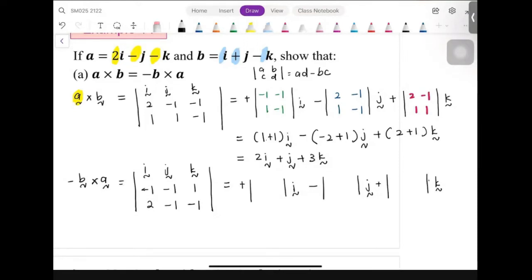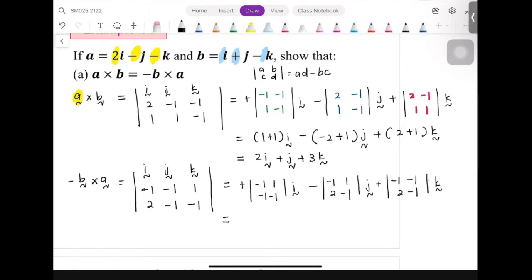So here we will get -1, 1, -1, -1. For element J, delete the first row and then the second column. So we would get -1, 1, 2, -1. Last one, for element K, delete the first row and third column. We would get -1, -1, 2, -1.